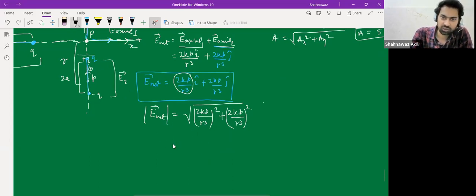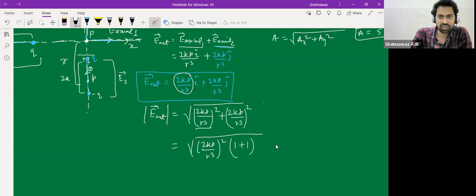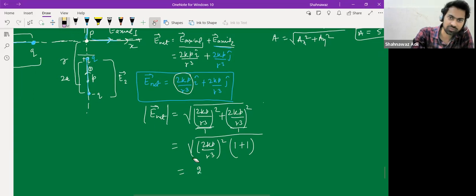I take 2 kp by r cube squared common, so this would be 1 plus 1, which is 2. Taking the square outside, we get 2 kp by r cube times root 2.